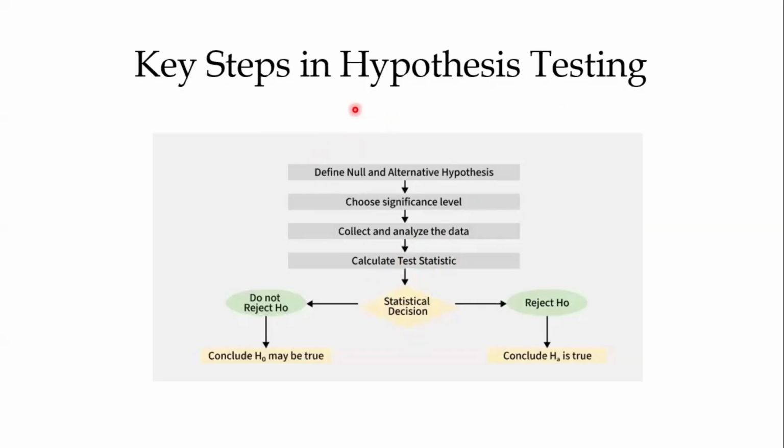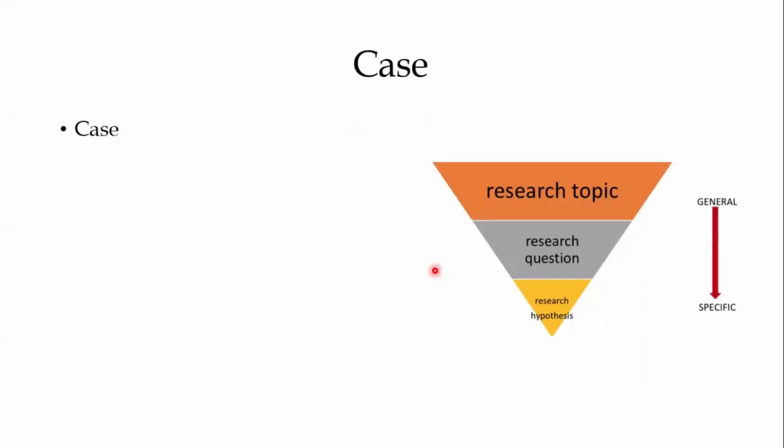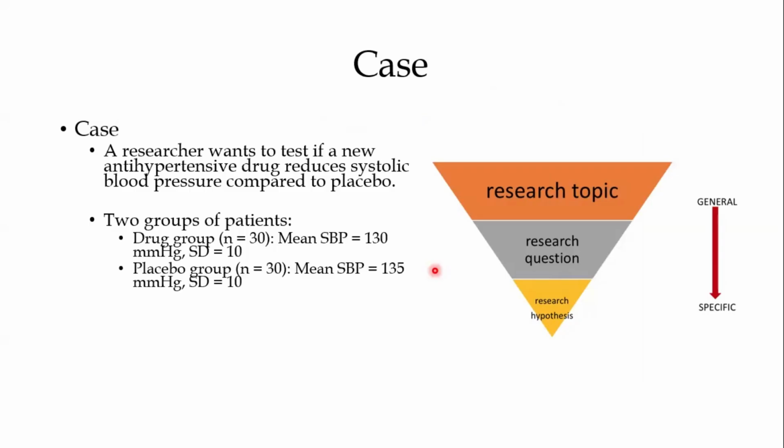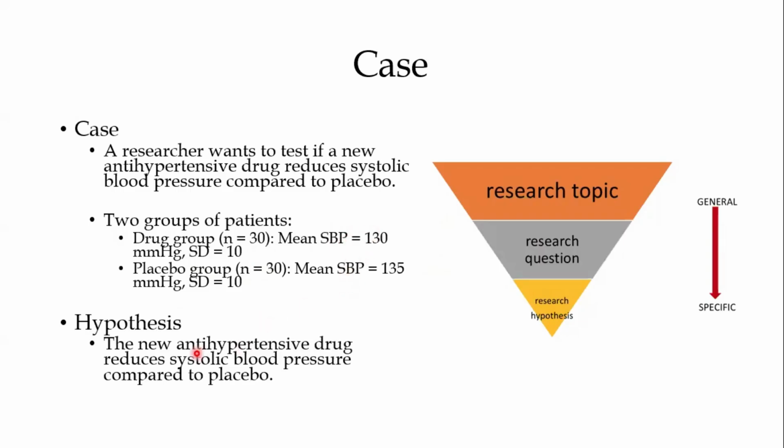So we started with a research topic, research question. We formulated our hypothesis. We chose an alpha value or a significance level. We collected the data, we analyzed, and we came up with a test statistics. So let's look at test statistics. What are they? To help us with that, we will still use this case where we have two groups, group being given a drug and a group being given a placebo, and we have their values here.